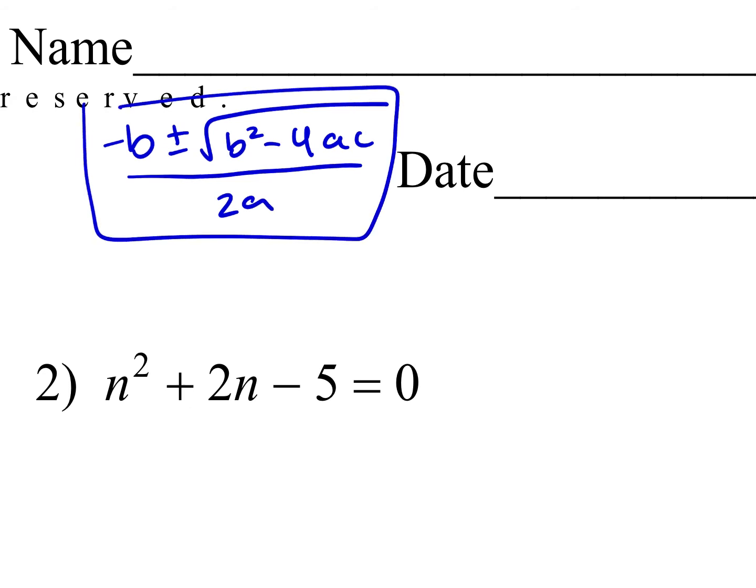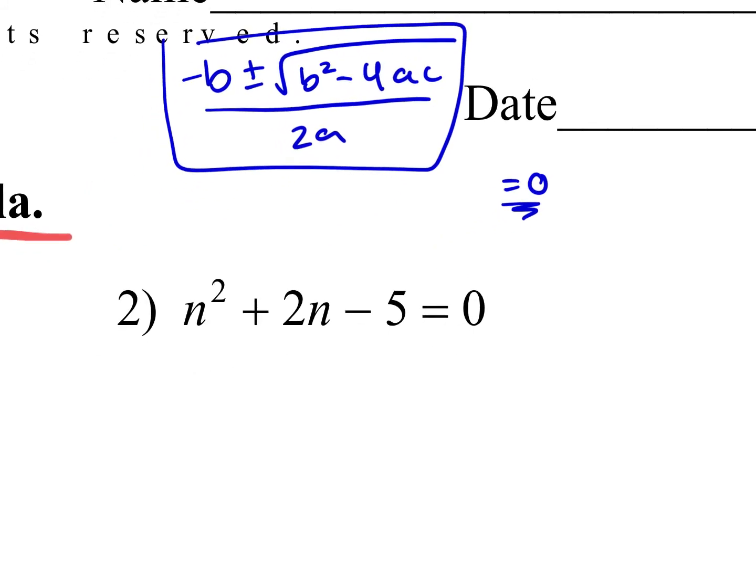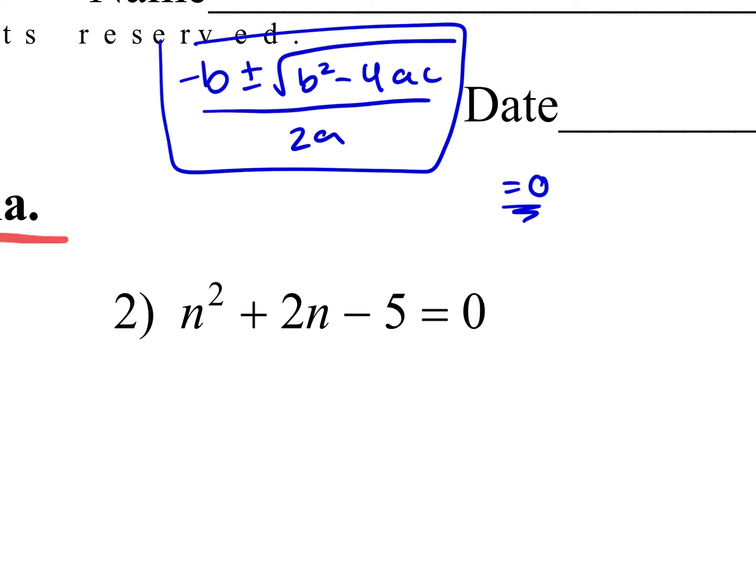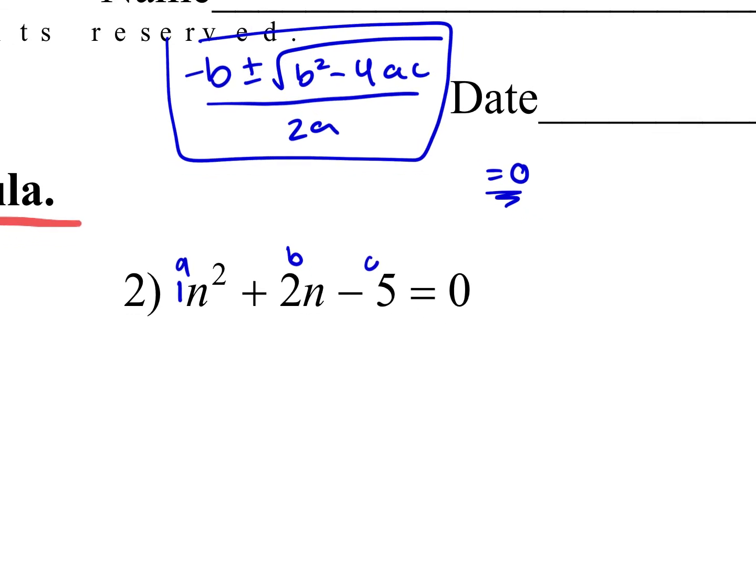You have to know it for tomorrow. Remember, it has to be equal to 0, and then you just list your a, b, and c. So for number 2, what's a? A is 1. What's b? And what's c? -5. And then we just plug everything in.